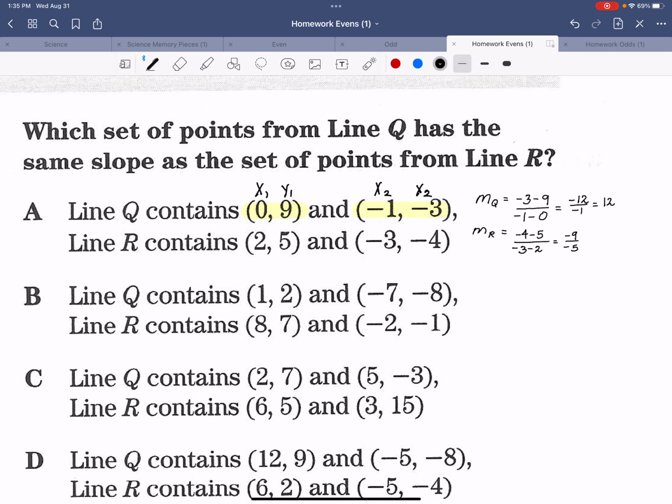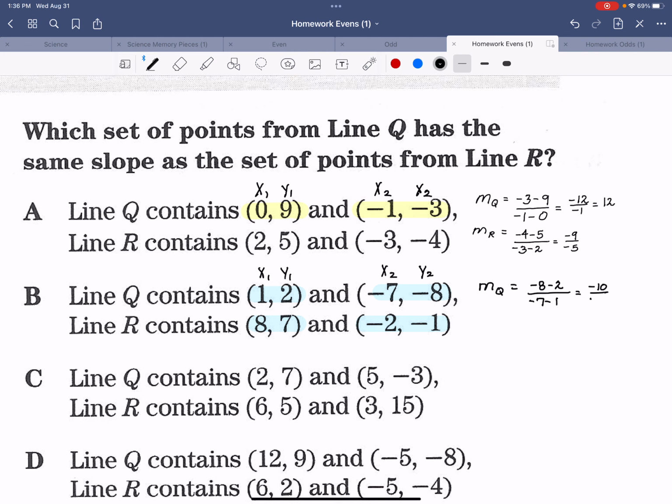All right, here is line B. Again, I'm going to at least mark my points. Let me mark both of them so we can. So here are the 1s, and here are the 2s, and here is the work. Slope of Q is negative 8 minus 2 and negative 7 minus 1.